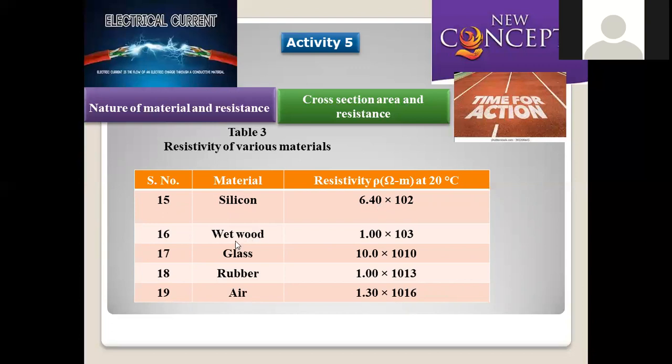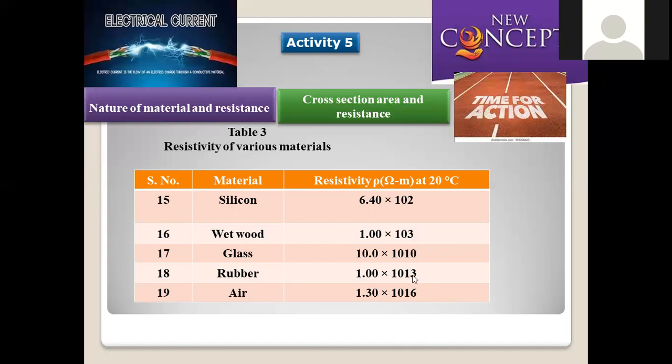When wood was taken, what could be the condition? Wood resistivity will be extremely large. And glass was taken. Glass resistivity is also extremely large, 10.0 x 10^10 value was taken here. Rubber. So you should clearly consider these last materials as purely insulators because of high resistivity.